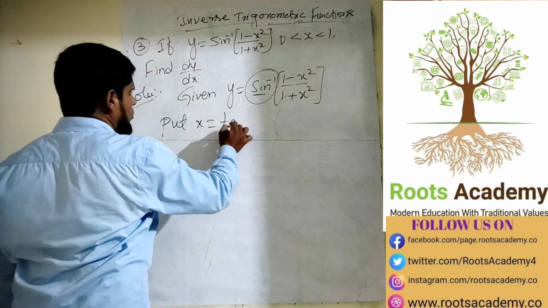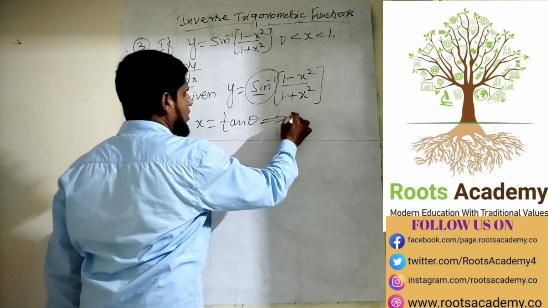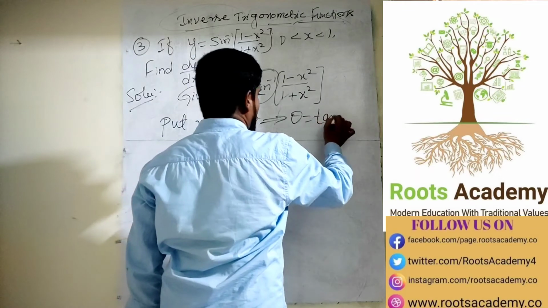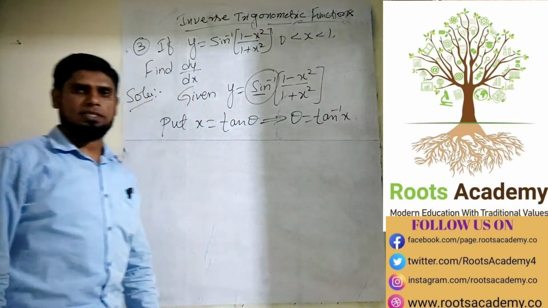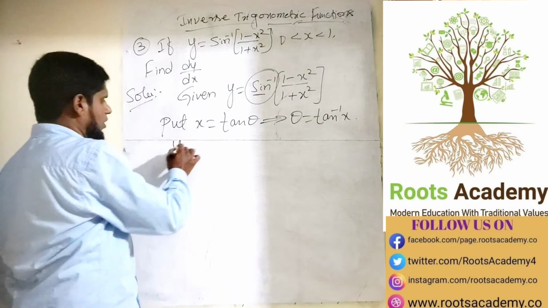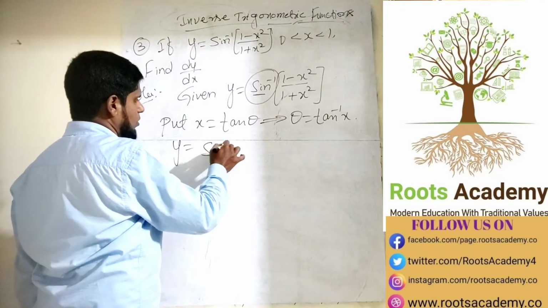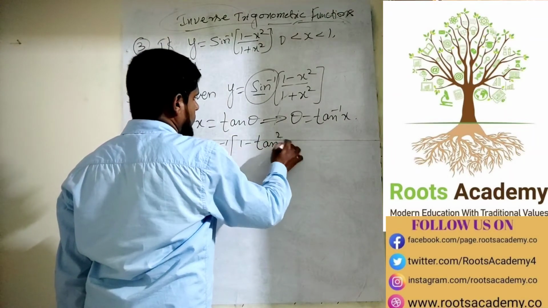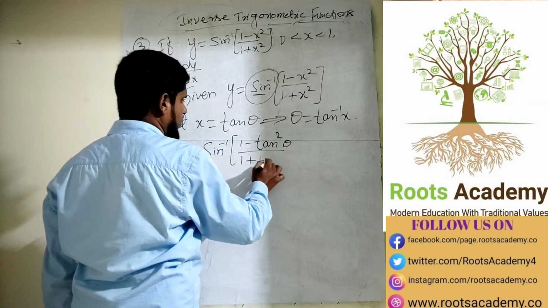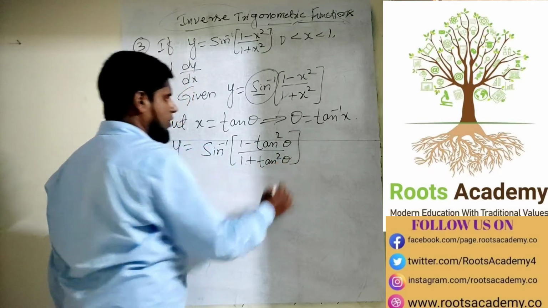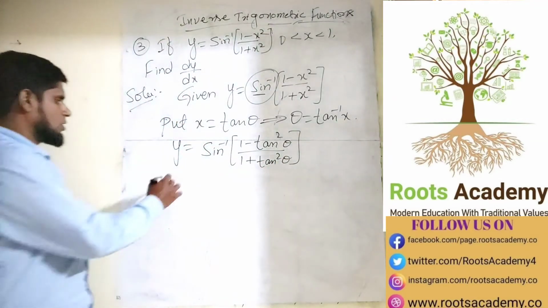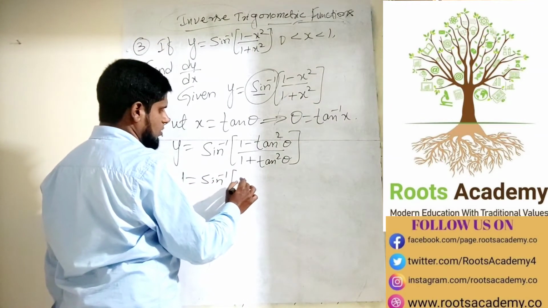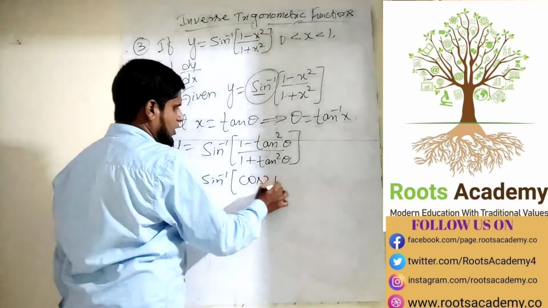Put x is equal to tan theta. This value of theta is tan inverse x. We get y is equal to sin inverse of (1 minus tan square theta) divided by (1 plus tan square theta). So we get y is equal to sin inverse of cos 2 theta.